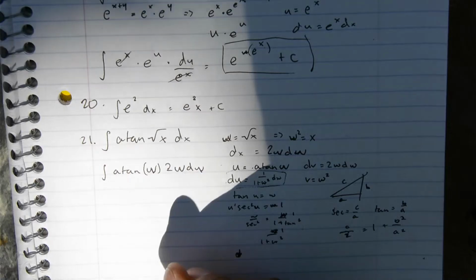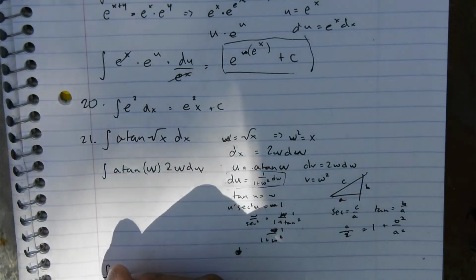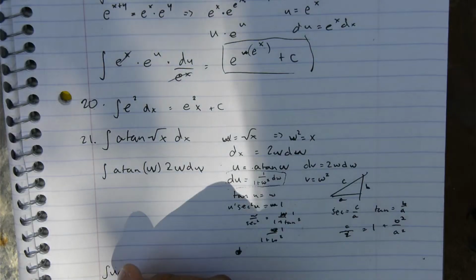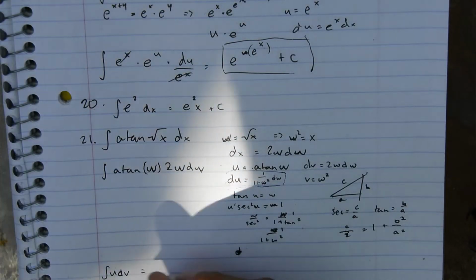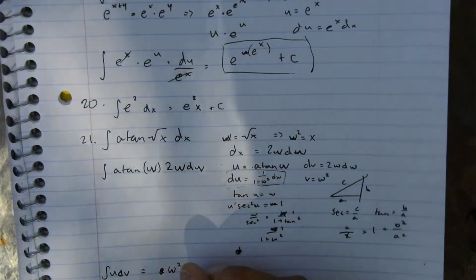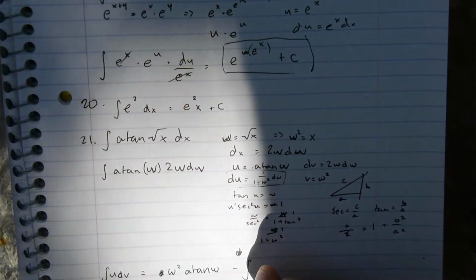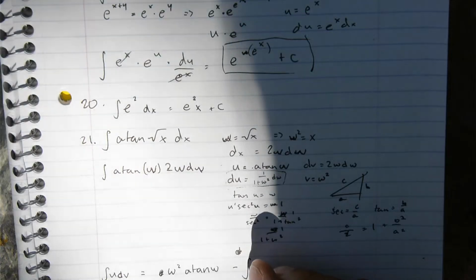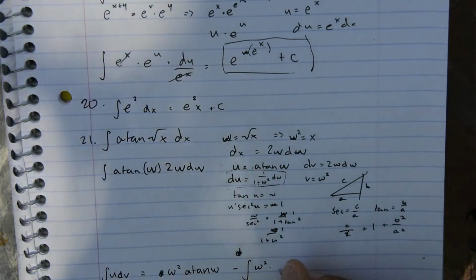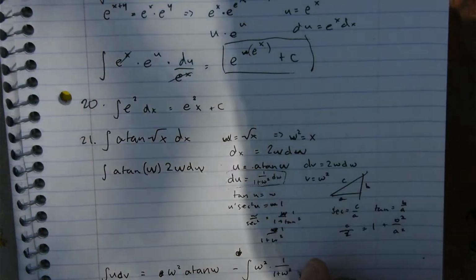So this would be u dv is equal to w squared arctan w minus the integral of v, which is w squared, du, which is 1 over 1 plus w squared dw.